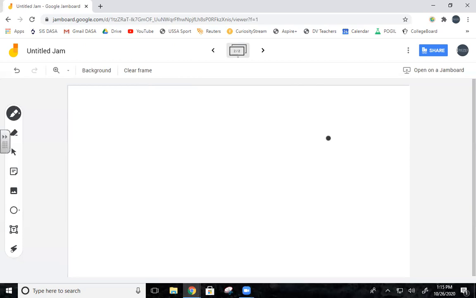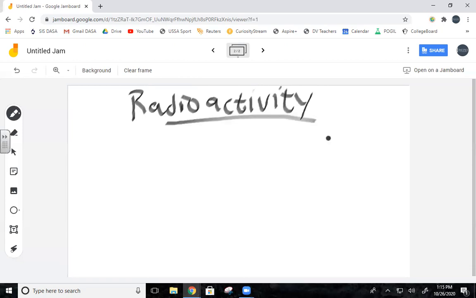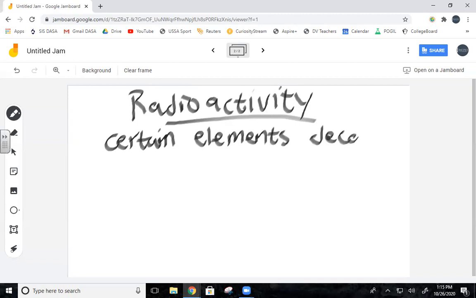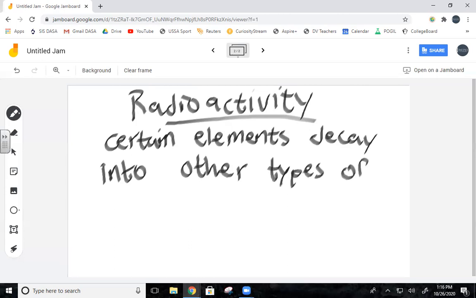What's important for you to understand about radioactivity is that certain elements decay into other types of atoms over time.